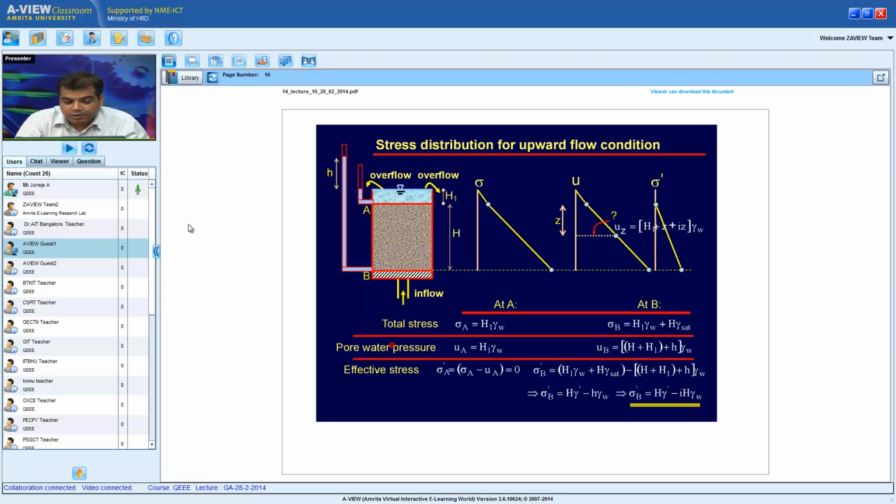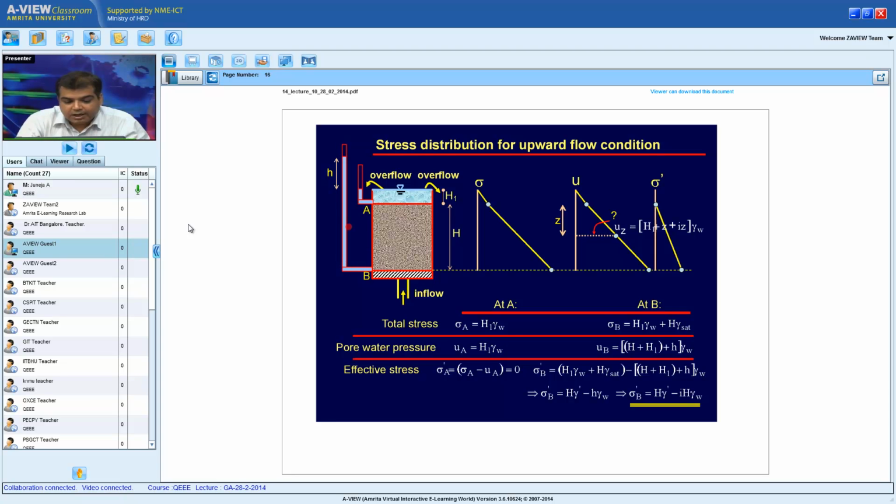If you insert a standpipe at any level, I measure the height of water, and that height of water gives me the pore water pressure. So at A, it is capital H1 times the unit weight of water.